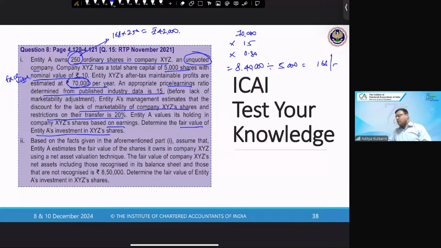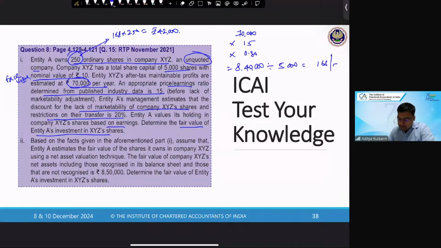Are we able to understand this? Yes, sir. All right. Usha, Niranjan, Mamta, Hemant, all clear? Yes? Okay, fine. Now we move on to the next one.